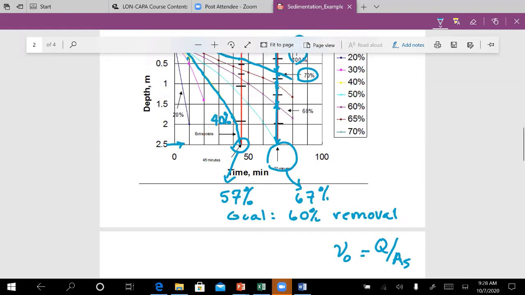Okay. And so the question is, how do we know what red line to choose? It really doesn't matter. What you'll see in a second, what I'm going to do with this data in order to estimate that 60%, basically, you're going to interpolate. So you need to pick detention times that bracket the removal.